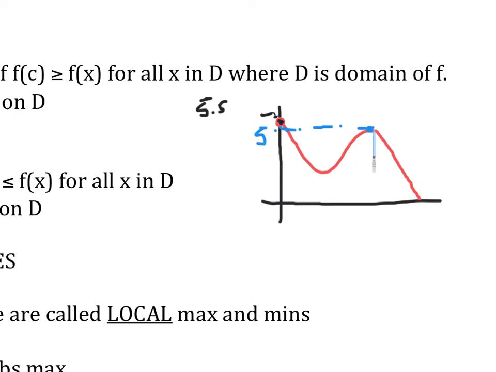That means that this is a maximum value because it's the top of this curve, but it is not the absolute. The absolute would be this one that I called 5.5. That would be the absolute maximum. That's the absolute highest point on this graph in whatever domain we're looking at. So sometimes it may not have an absolute because it could go on to infinity.